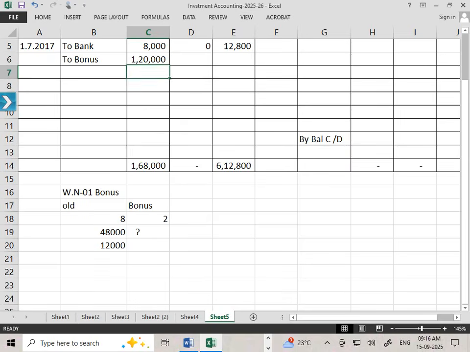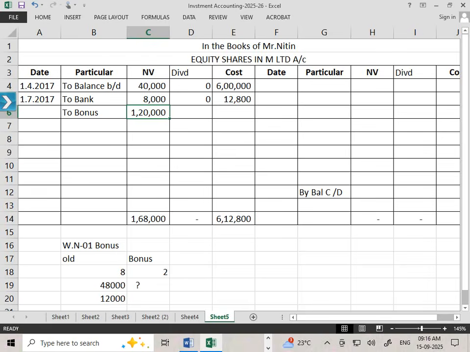Multiply by 10, so 12,000. Only the nominal value column you have to record.